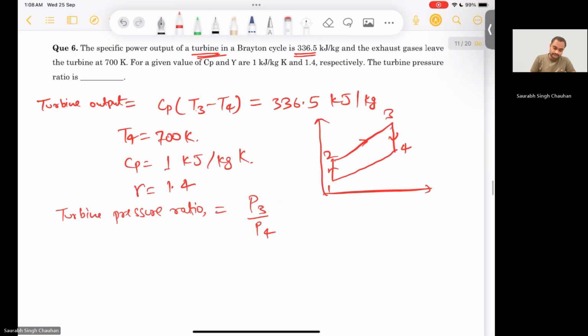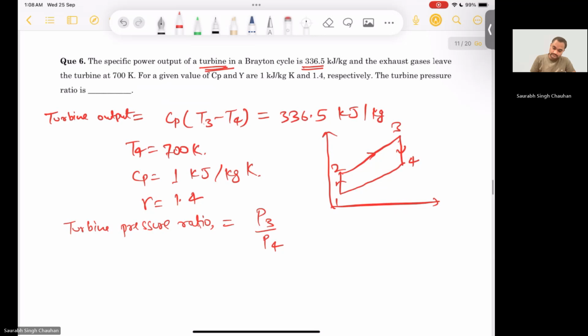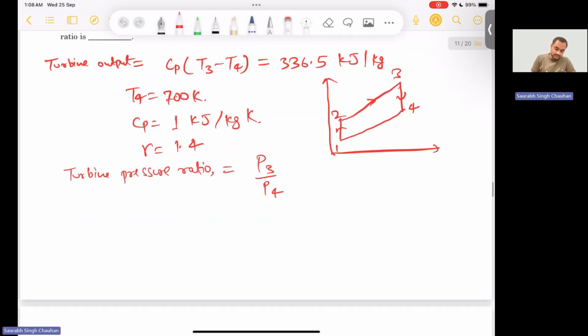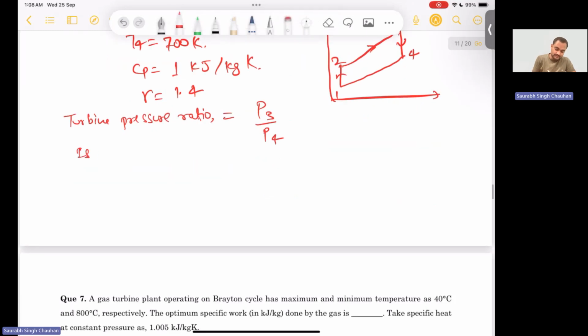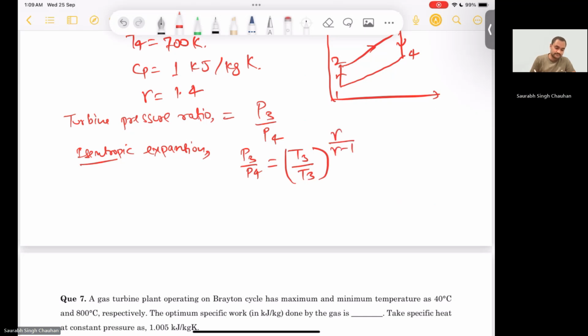And if you assume this to be isentropic, then you can use the adiabatic relation. Using the adiabatic relation, you can write P3 by P4 is equal to T3 by T4 to the power gamma by gamma minus 1.